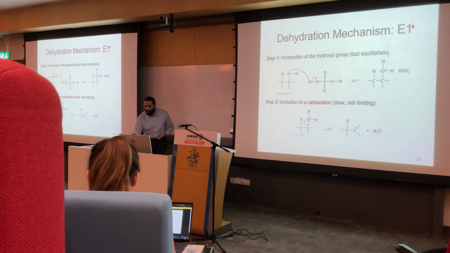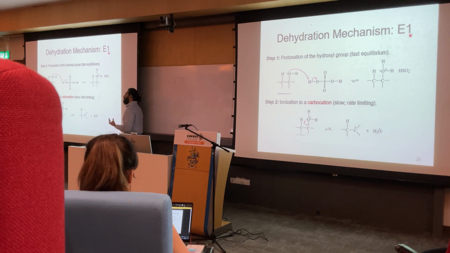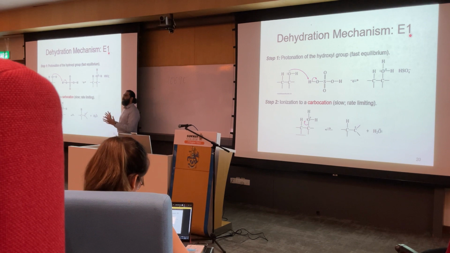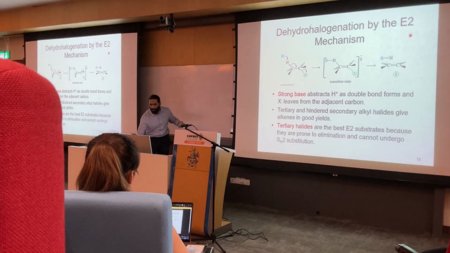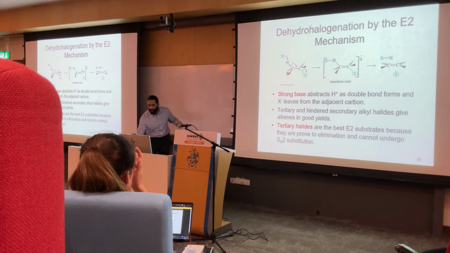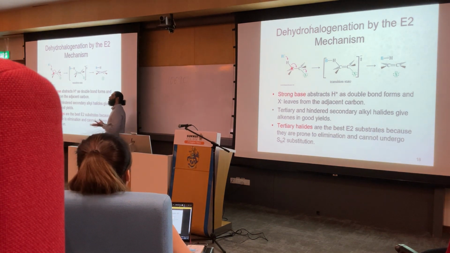Now E stands for elimination, and 1 simply stands for the fact that the important step of this reaction only requires one reagent. Remember that previously when we were talking about E2, I told you that the base and the reactant, the alkyl halide, both of them are important in the important step, because E2 only occurs in one step.